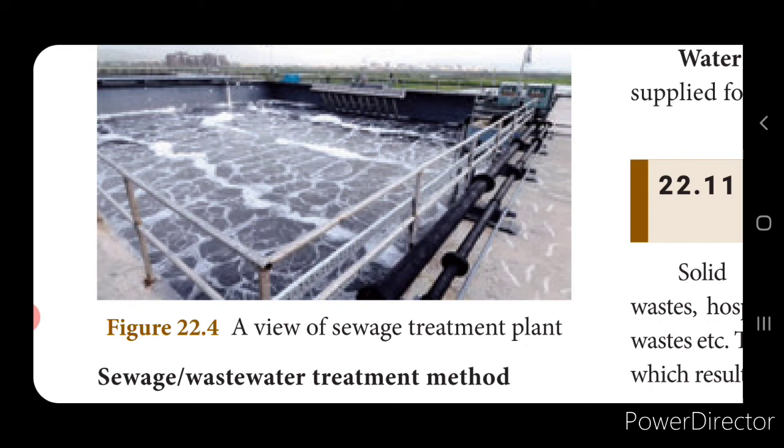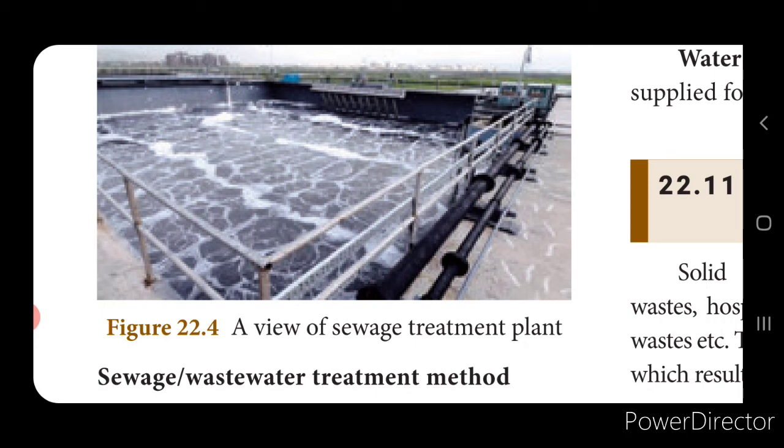And if you see the sources of the sewage or the wastewater, domestic purposes or the household activities lead to the sewage. Dyeing and textile industries, leather industries, sugar industries, paper and pulp industries, so these are the main sources of the sewage and wastewater, isn't it? Now this should be treated so that it does not cause any pollution.